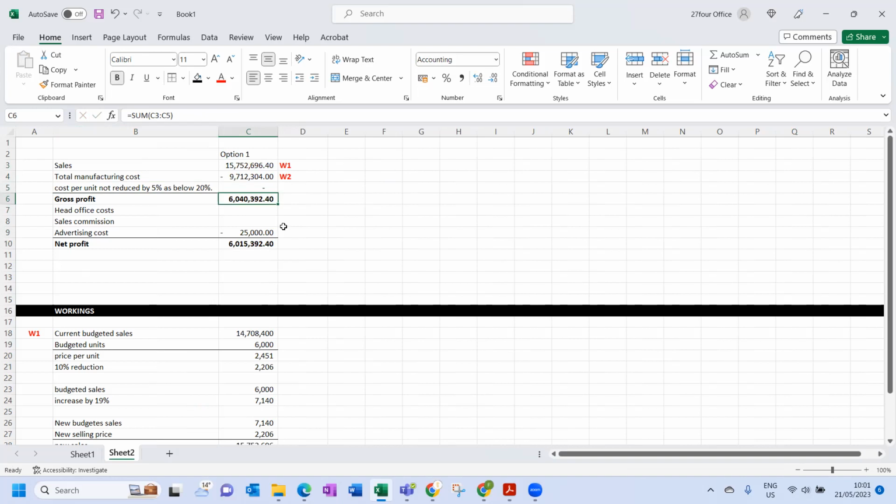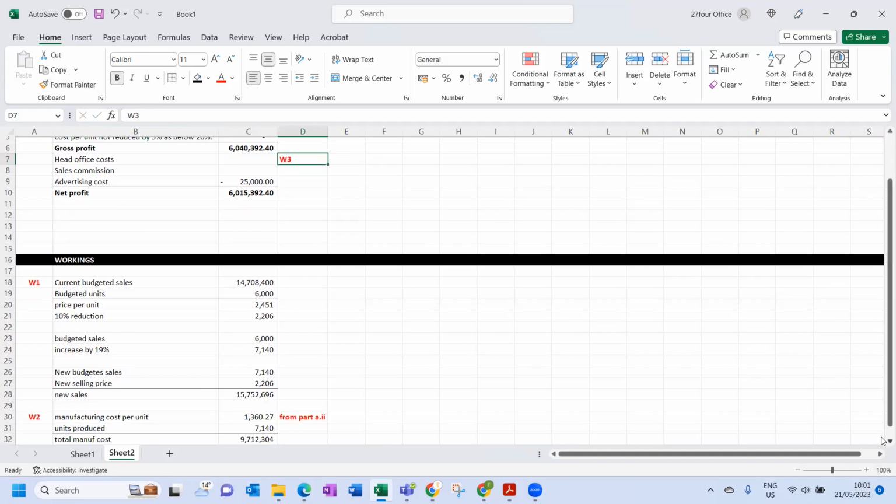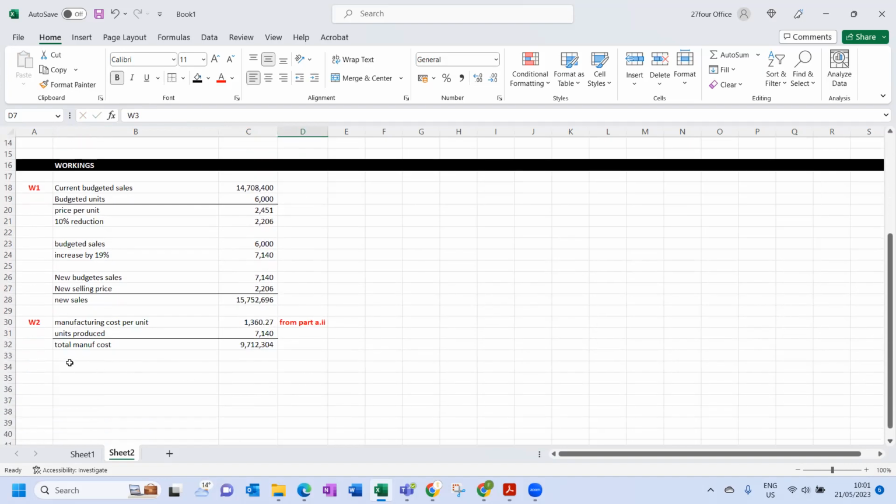Now we're going to have head office costs, and I'm going to have a working 3 for head office costs. Head office costs budgeted, I think, was 2880123. This was given.